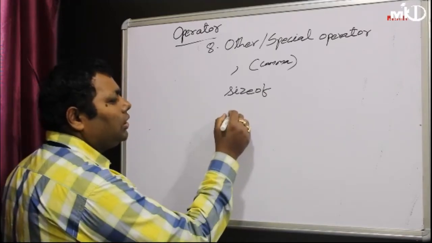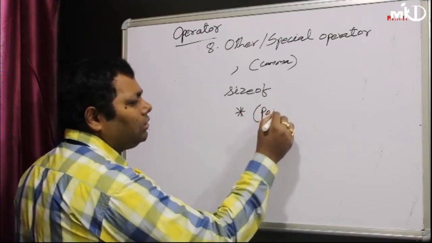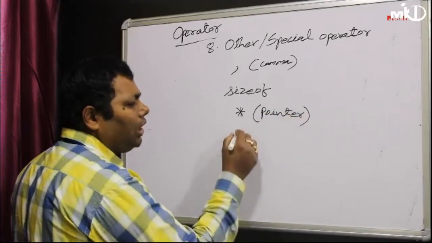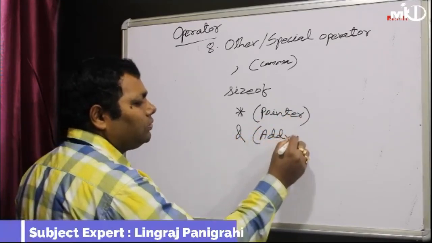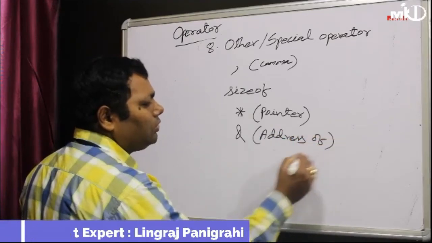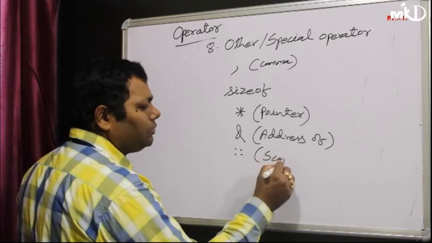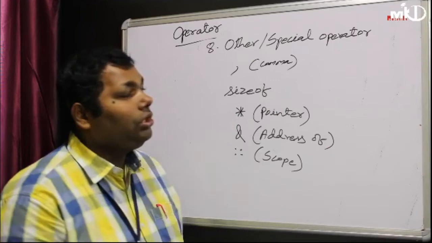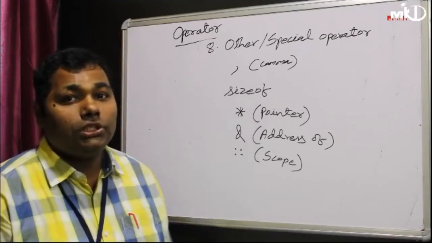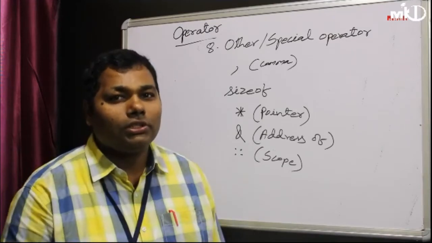Then the asterisk is used for the pointer symbol, ampersand is used for address-of, and double colon for scope. Similarly, there are many special operators used in the C language. We will discuss them in detail in another class.